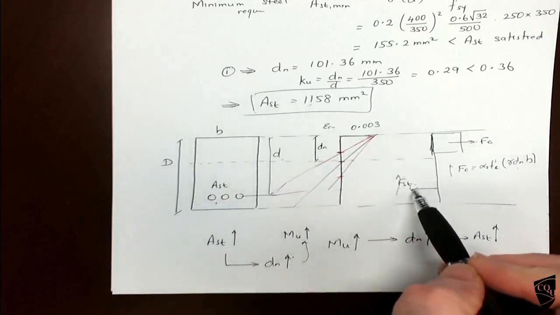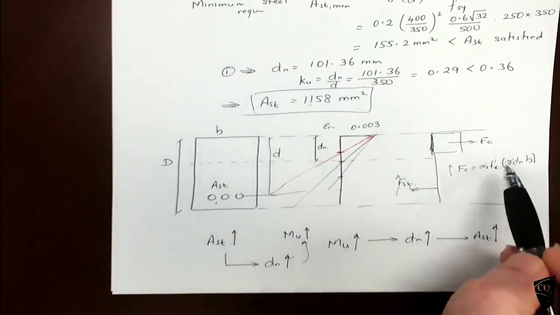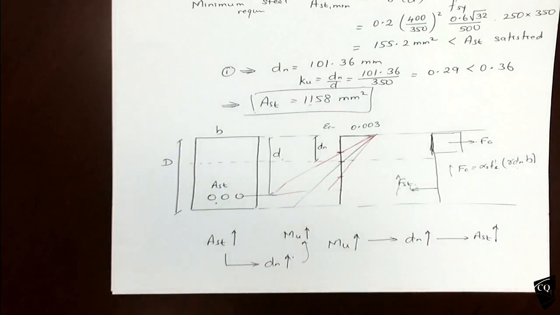To balance, you need to increase the AST, and it will give the larger moment. So larger moment means larger steel. But what is the problem here? When you increase the steel or moment, dn will increase. What is the maximum dn we can go?